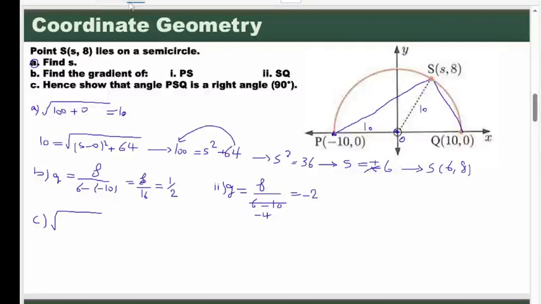Let me write SQ. SQ would be 6 minus 10, that would be negative 4 to the power of 2 gives me 16, plus 8 minus 0 to the power of 2, 64.